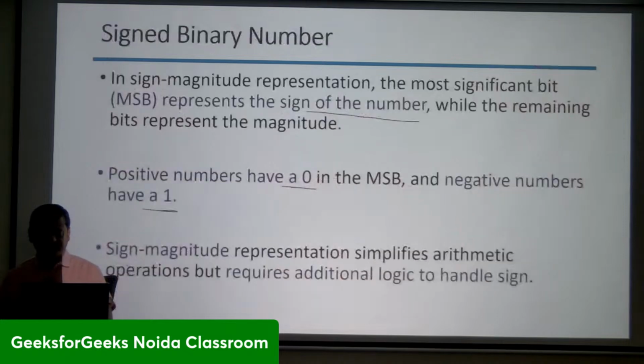Okay, so sign magnitude simplifies the arithmetic operation but requires additional logic to handle the sign, because we cannot modify the sign value. Okay, if two numbers are operated, the required resultant sign must be represented at that particular bit. Okay, at MSB. And suppose if there is any carry at MSB or any borrow is required at MSB, how do you handle that?